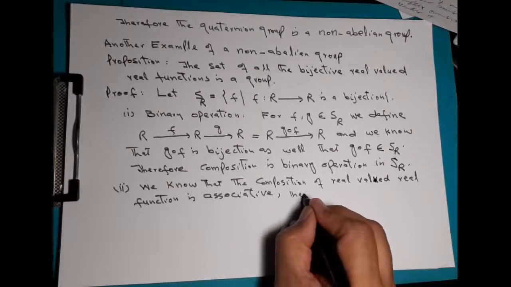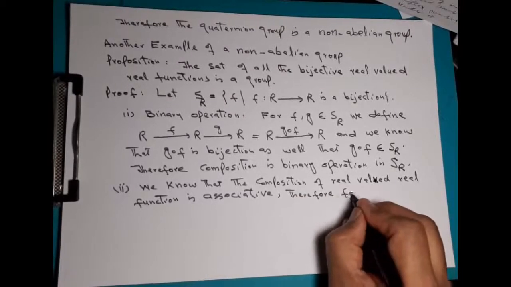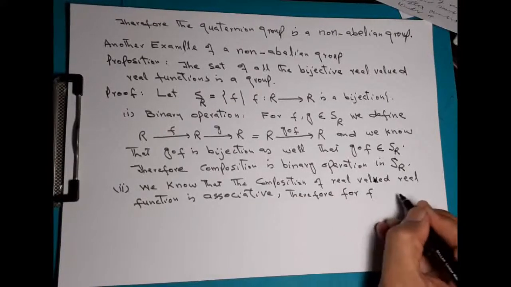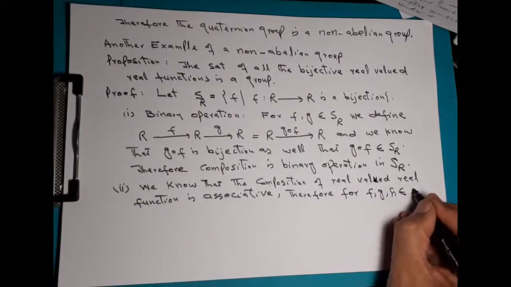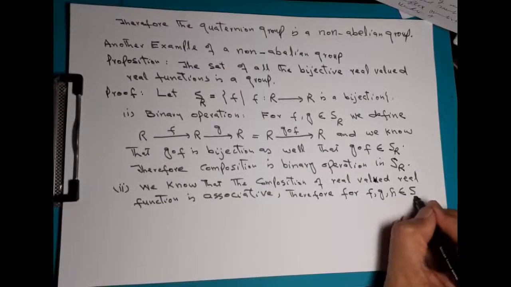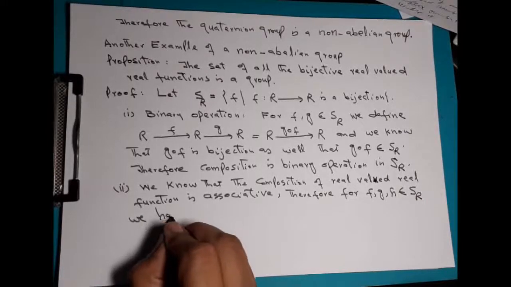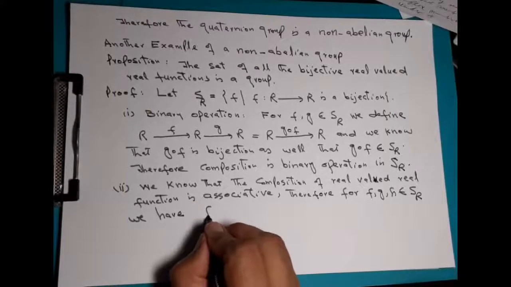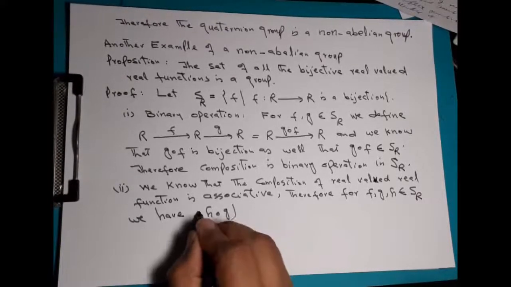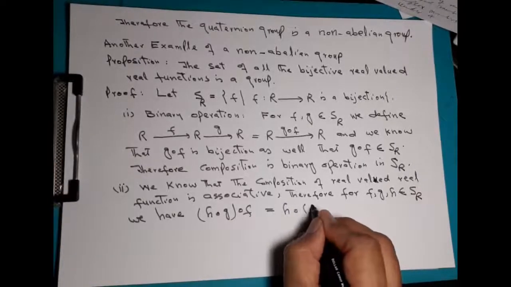Therefore, in our particular case, if we take three bijections f, g, and h belonging to SR, we have h circle g circle f, composed in either grouping, equal.